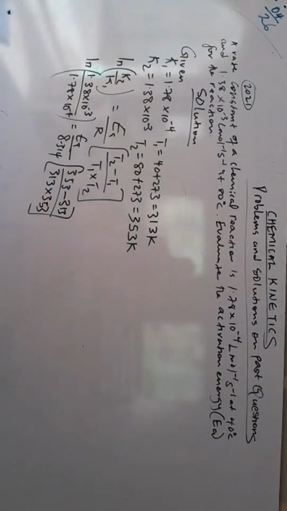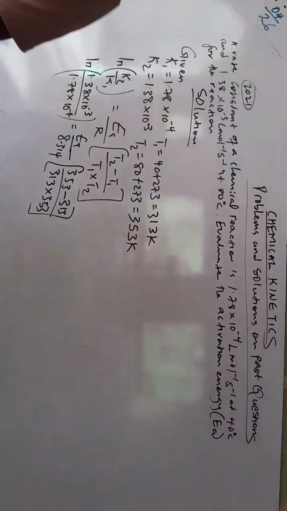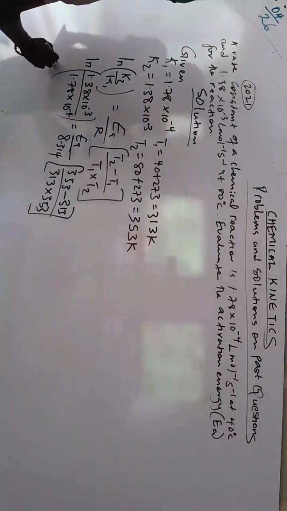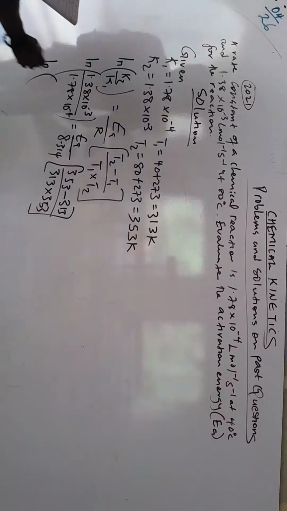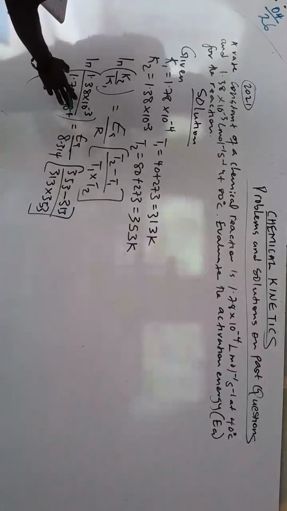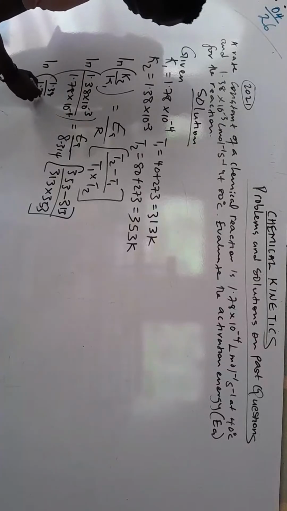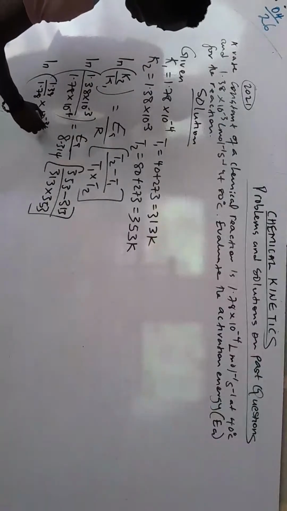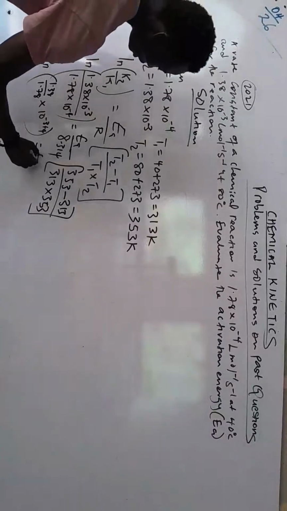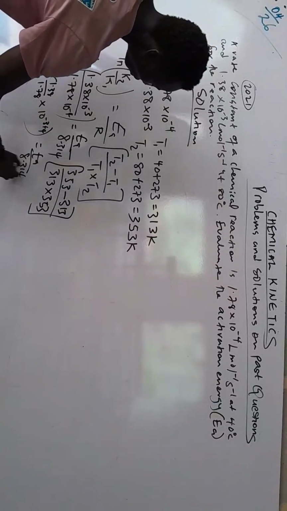Now, if you look at this arrangement, it fits exactly what we want to solve. So let's quickly solve the upper one and the lower one together. The ln of the parameters here can be written in ordinary form: 1.38 over 1.78 times 10 raised to the power minus 3 plus 4, close bracket, equals EA over 8.314.